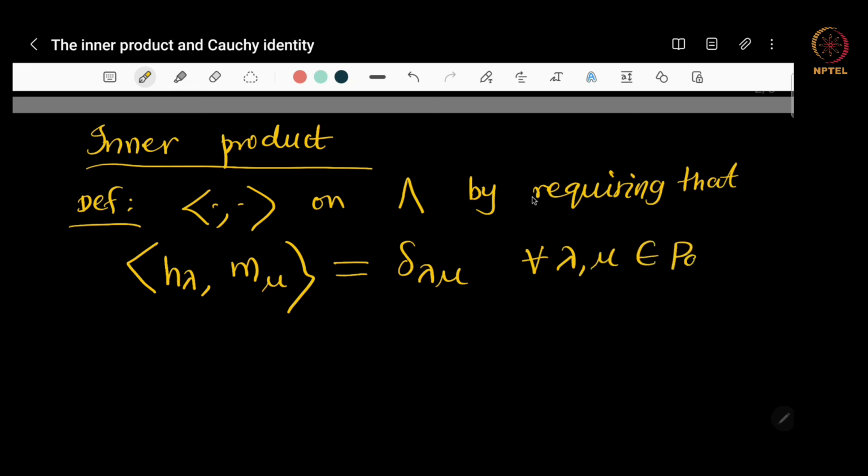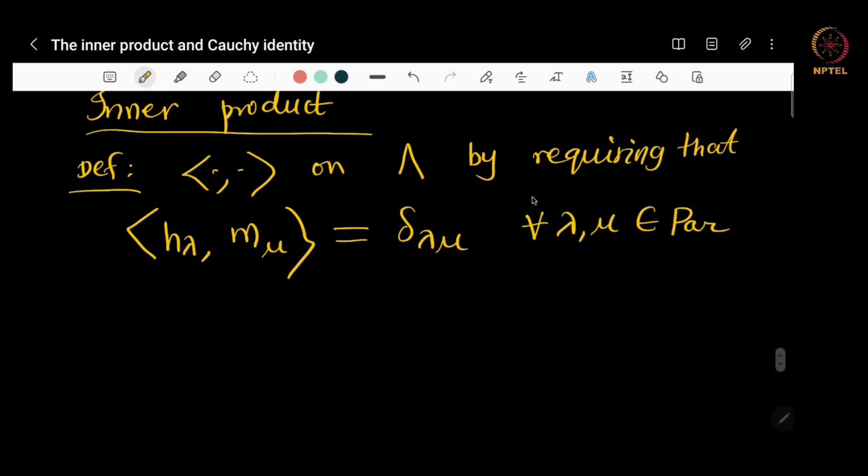So I take any pair of partitions lambda mu. I know that the H lambdas form a basis for the space of symmetric functions, the M mu's form a basis, and I am telling you what the inner product is between the basis elements H and the basis elements M. So for each lambda and mu, H lambda with M mu is 1 only if lambda is mu and 0 otherwise. Okay, and extend bilinearly.